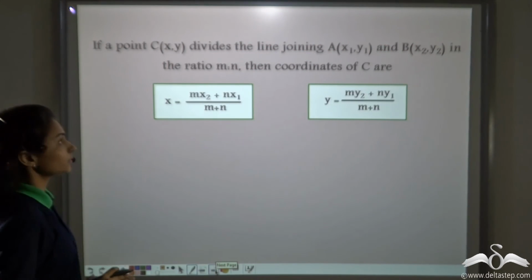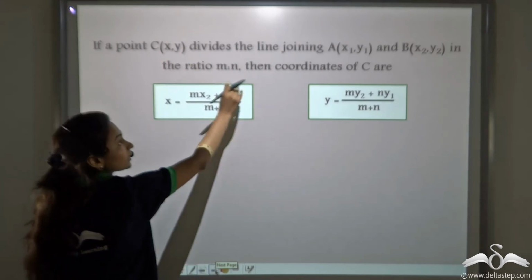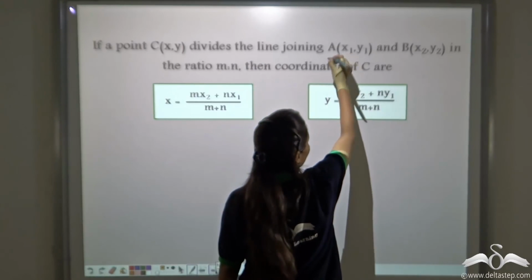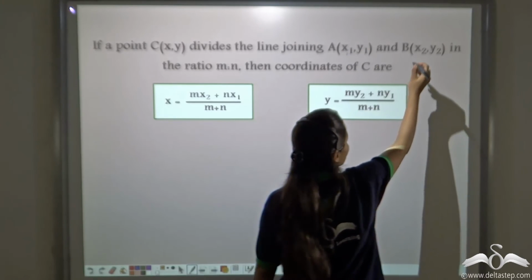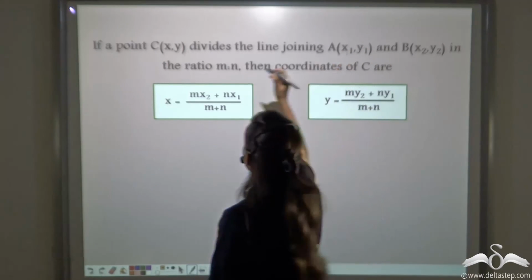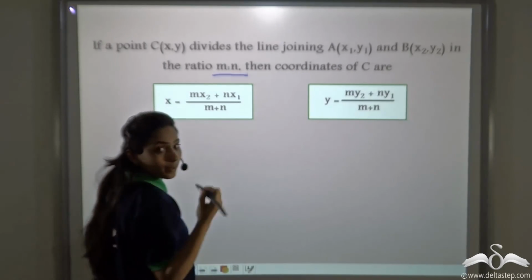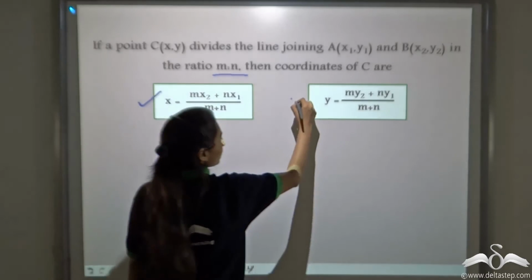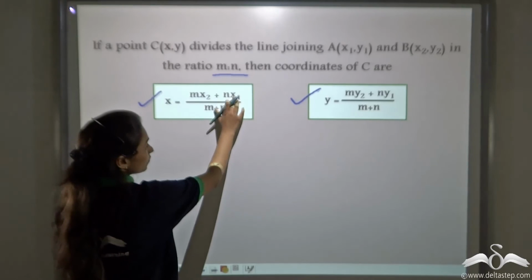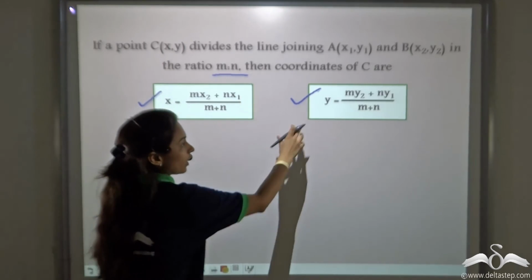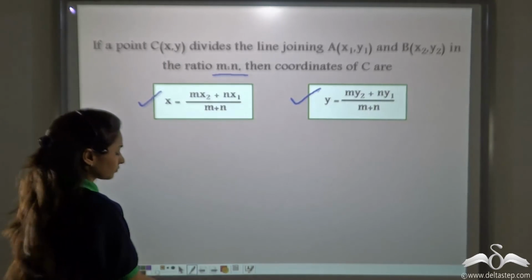So what did we actually learn? If a point, say C, which has the coordinates x, y, divides the line joining A and B, which have the coordinates x1, y1 and x2, y2 respectively, in the ratio m is to n, then the coordinates of C can be calculated by this formula and this formula, where x will be mx2 plus nx1 by m plus n and y will be my2 plus ny1 by m plus n.